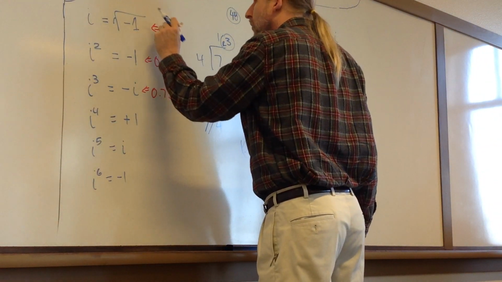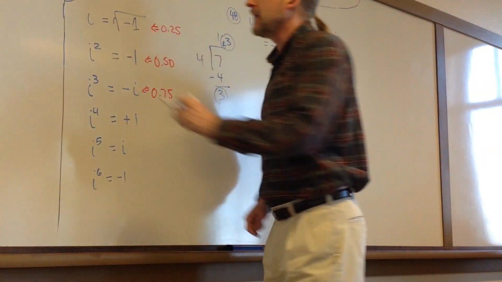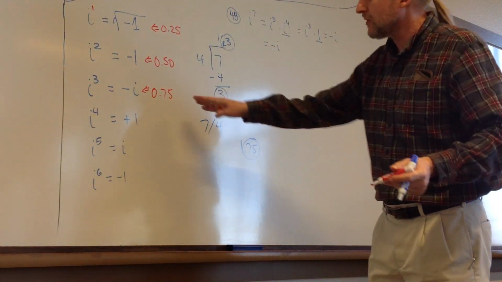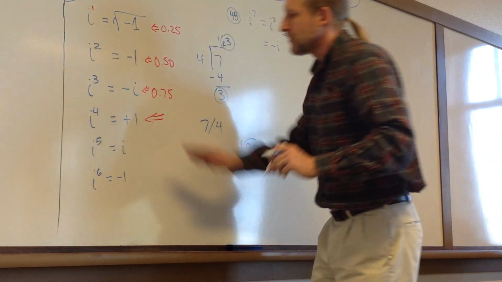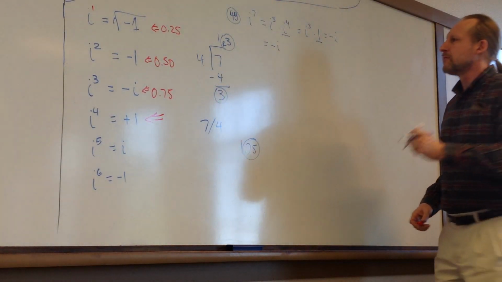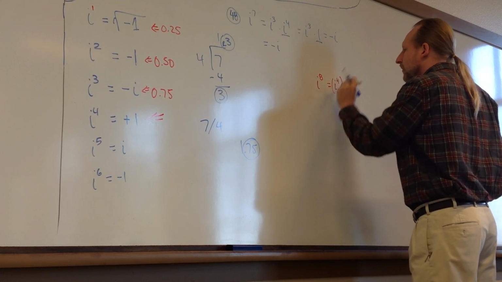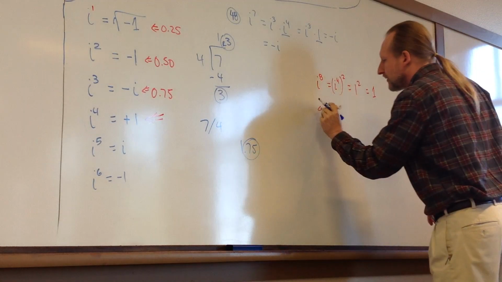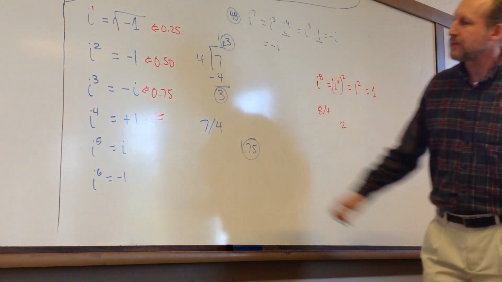If you see the 0.25, which is remainder 1, that means it's I to the first power. And if you don't get any decimal in your answer, if the 4 divides evenly, that means you're just talking about 1. For instance, I to the 8th power is I to the 4th squared, which is just plain old 1. And if you did 8 divided by 4, you would get a 2 with no decimal piece.